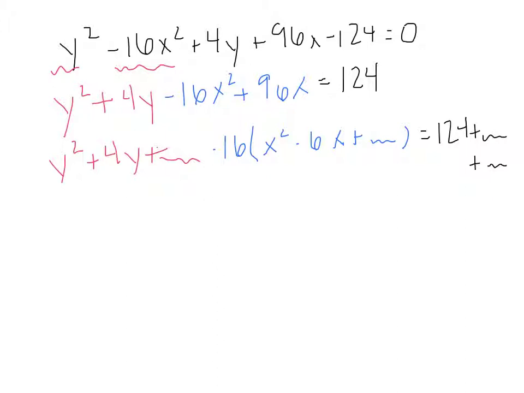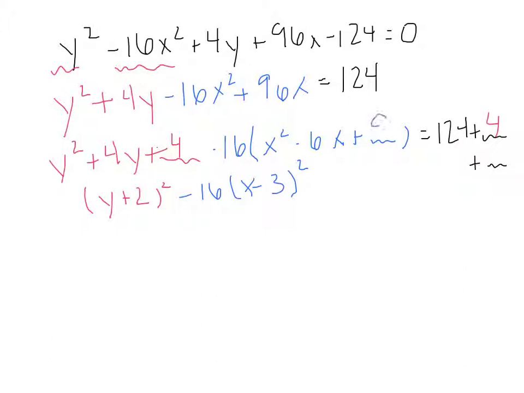So now when we complete our square, we're going to have y, b divided by 2, plus 2, squared is 4. Since we added 4 to the left-hand side, we need to add 4 to the right-hand side. Now our x's. So we have negative 16 times b divided by 2 is negative 3.